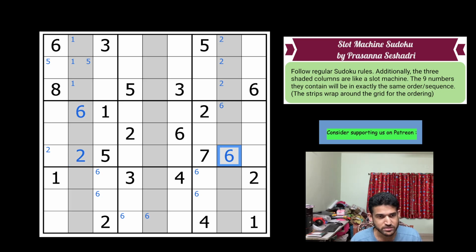Now you know that this is a slot machine, so the ordering will be same, and 2 occurs 2 cells after 6, which means 2 has to be here, which is not possible, right? Which means that you have a really sharp reduction. 2 doesn't go here, so 2 has to be here, and that by Sudoku puts the 2 in these cells. That's excellent. And then let me think a bit now.